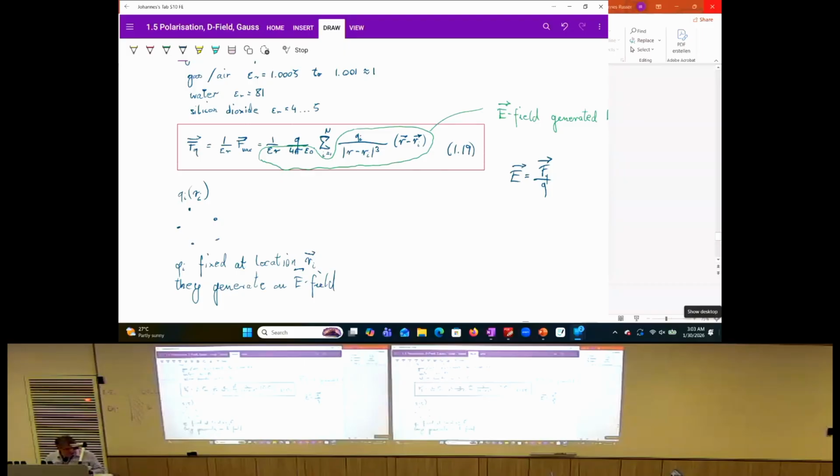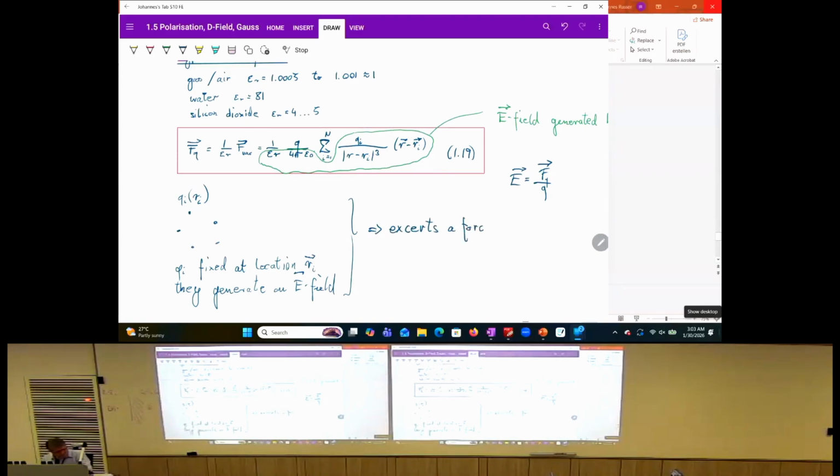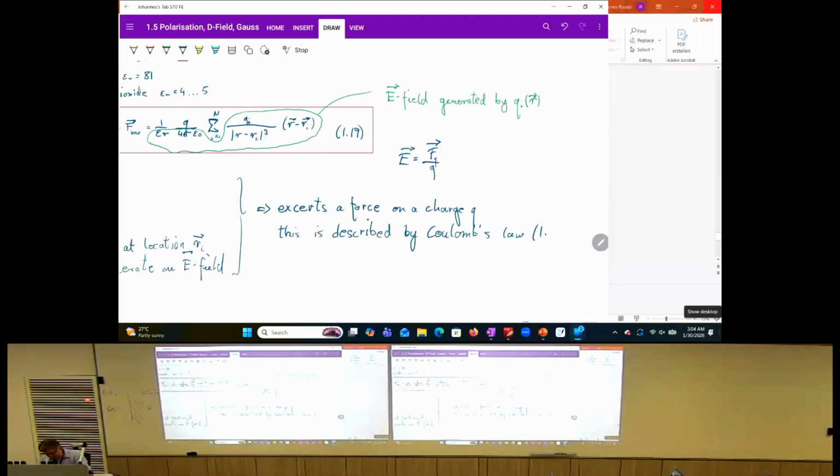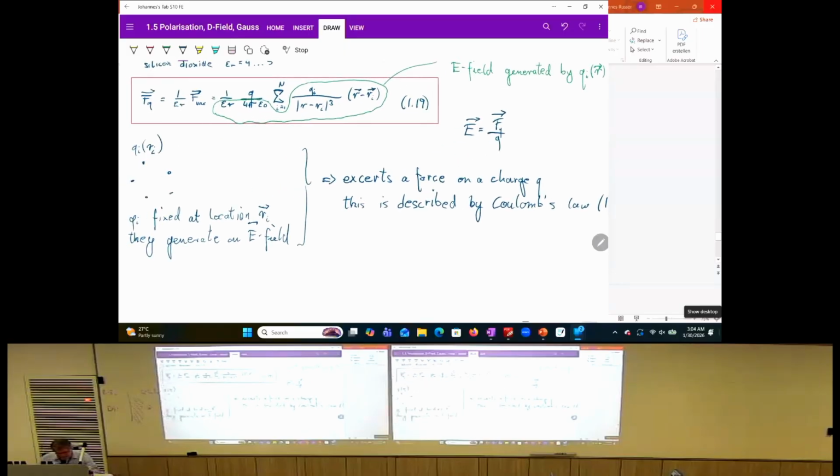This is described by the equation above, Coulomb's law. We have highlighted that the constant in Coulomb's law is material dependent.